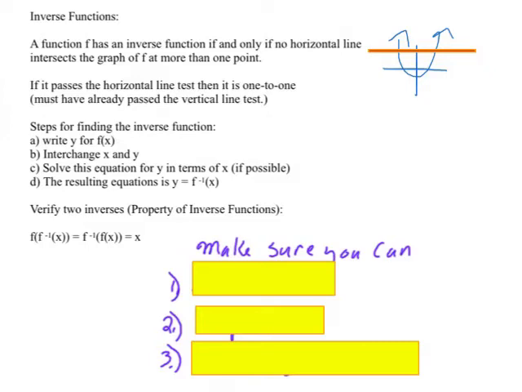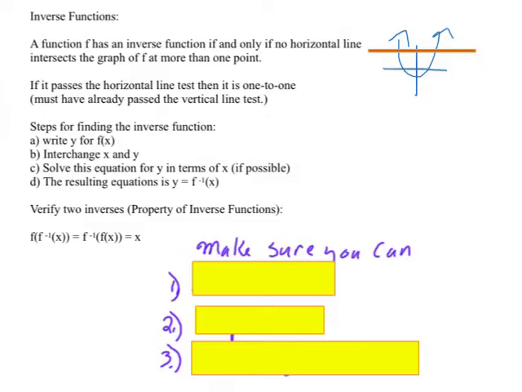So we would need to restrict the domain first. And in this situation, notice if I restricted it to the domain values from 0 to infinity, then I could find the inverse of that function. But as it sits, I cannot.